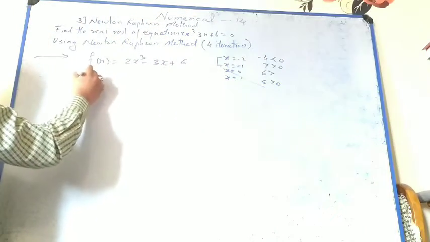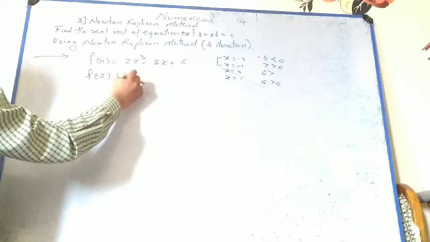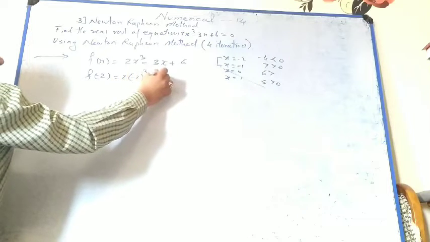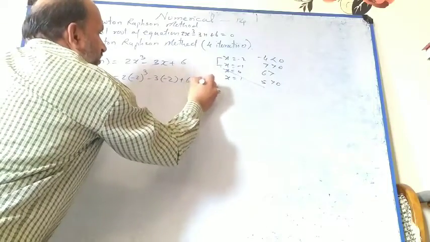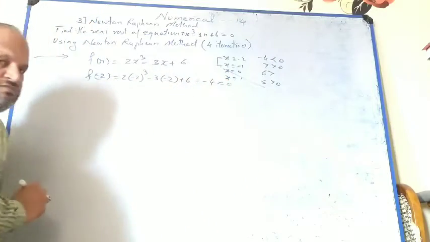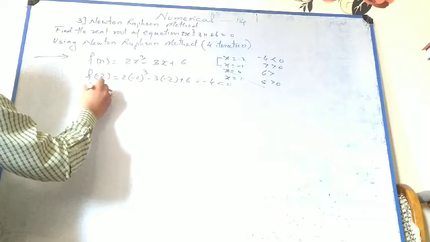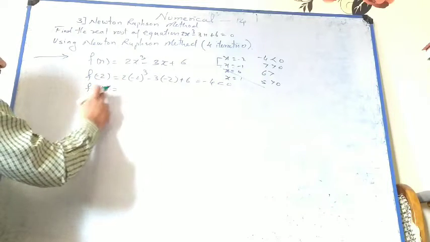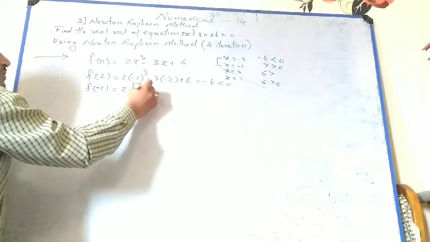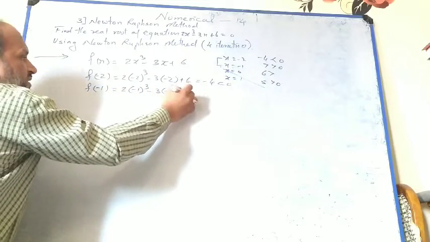So let us start with f of minus 2, meaning wherever x is there, you put minus 2. So for this, what do you get? You get minus 4, which is less than 0. Then f of minus 1. Substitute wherever x is there, you put minus 1. So 2 times minus 1 cubed minus 3 times minus 1 plus 6.